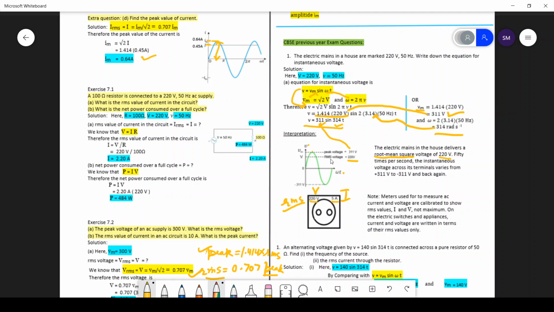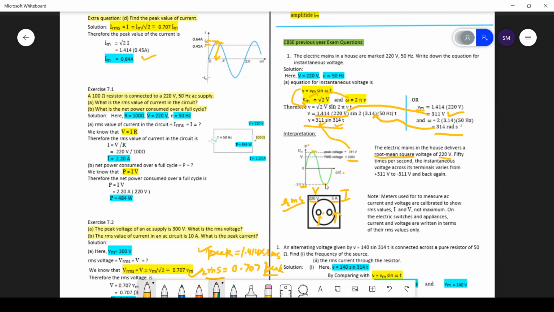What is the meaning of 50 hertz? 50 hertz means 50 times per second the instantaneous voltage across its terminals varies. One cycle changes, and the voltage across these two terminals varies between minus 311 and plus 311.